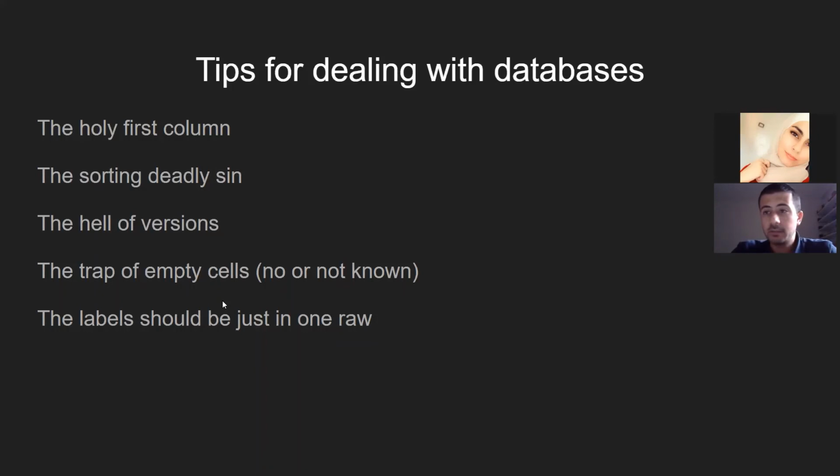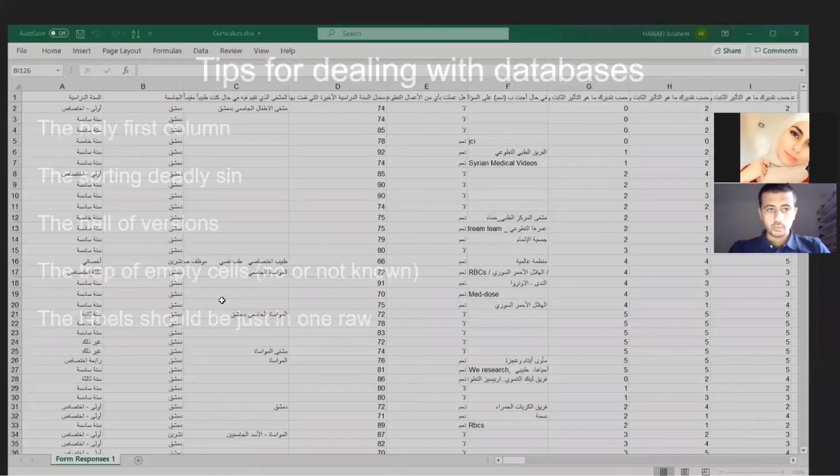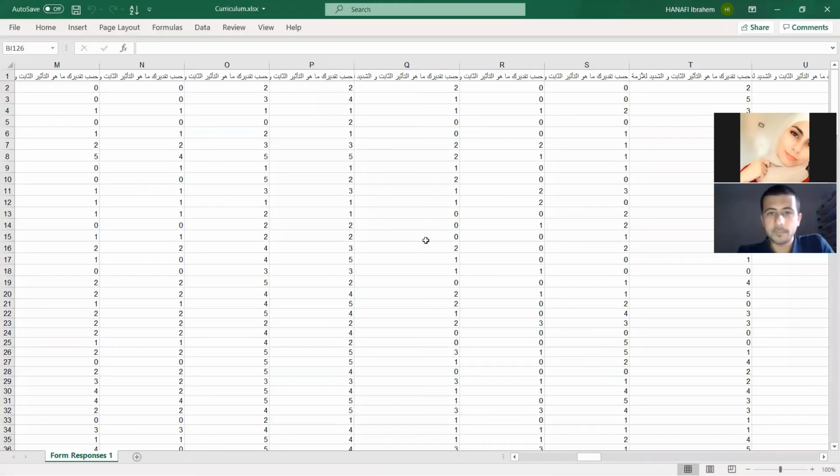Empty cells should be filled in if we can. If we can't, we should clarify that those are empty cells. For example, let's go into the file for the curriculum.